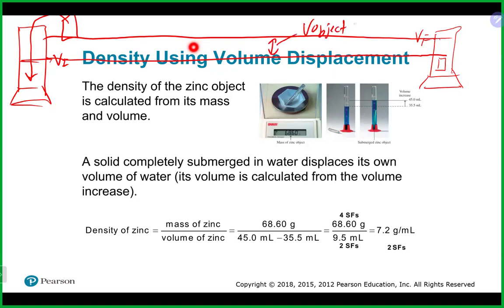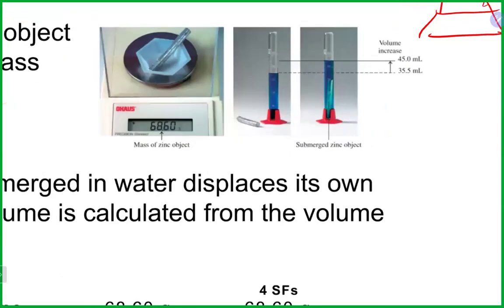That would be found by taking the final volume minus the initial volume. So that's a very common and very easy way that you can find the volume of a solid object. You just drop it in there, take the difference between the volumes, final minus initial, and that will get you the actual volume of that particular object, which is what we see in this example here.